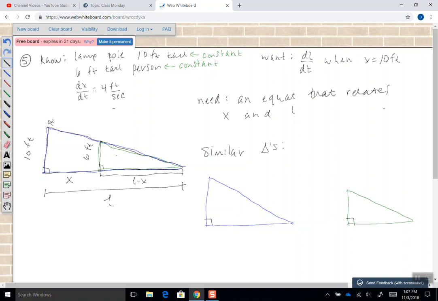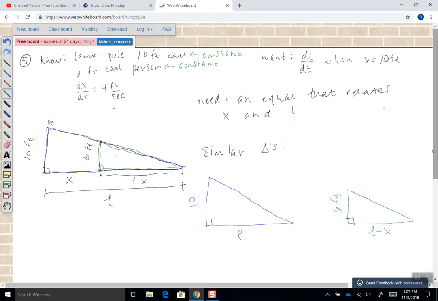I don't know the length of the big triangle's base and I don't necessarily want to, but I know that the length of this whole bottom part is L. I know the height of this is always 10. And then I know the height of my little triangle is 6, and the length down here is L minus X.